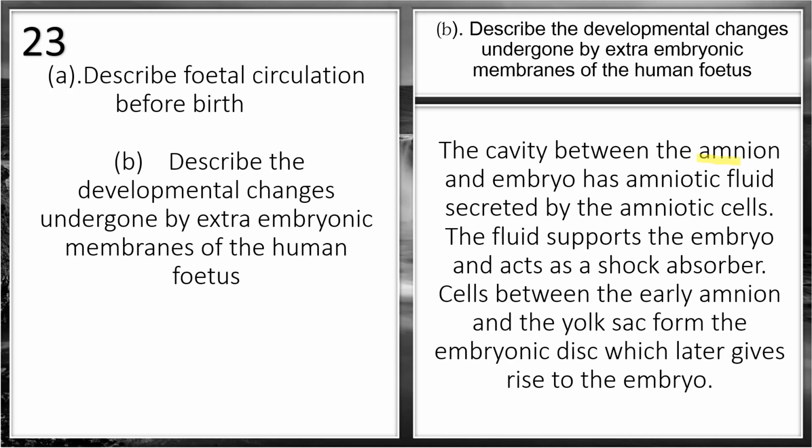The cavity between the amnion and the embryo has amniotic fluid secreted by the amniotic cells. The fluid supports the embryo and acts as a shock absorber. Cells between the amnion and the yolk sac form the embryonic disc, which later gives rise to the embryo.